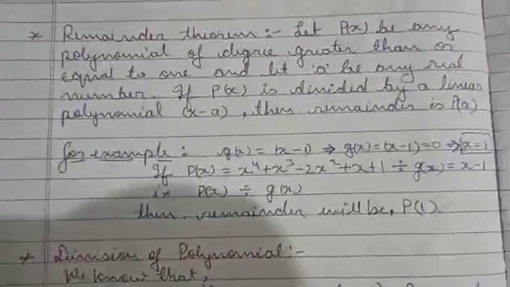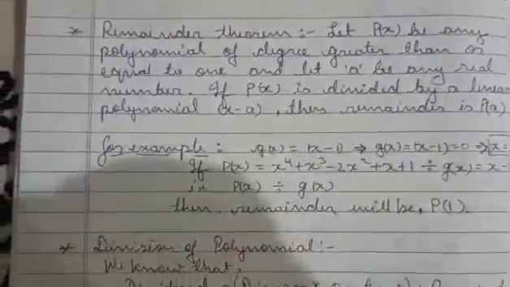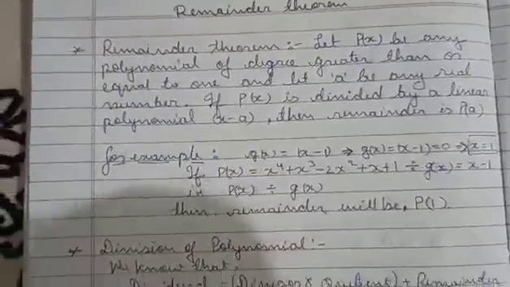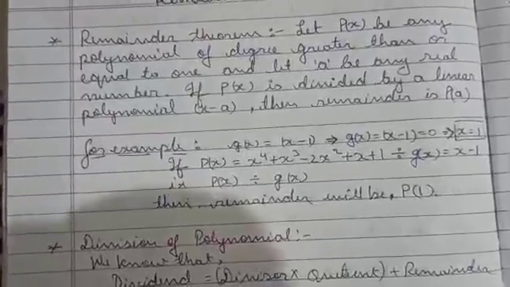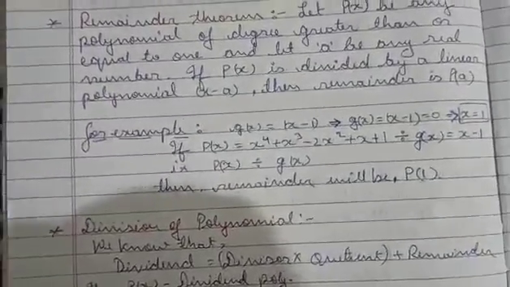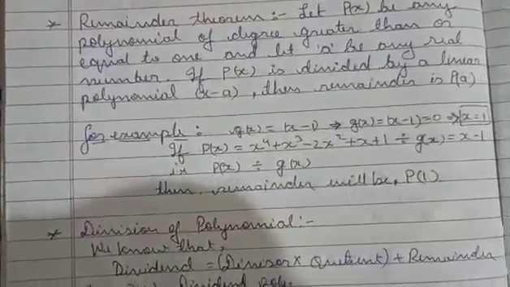Now after understanding this, we will move to the remainder theorem. What is the remainder theorem? Let me tell you in easy words what the use of the remainder theorem is. We apply the remainder theorem when we don't perform long division of the two polynomials.